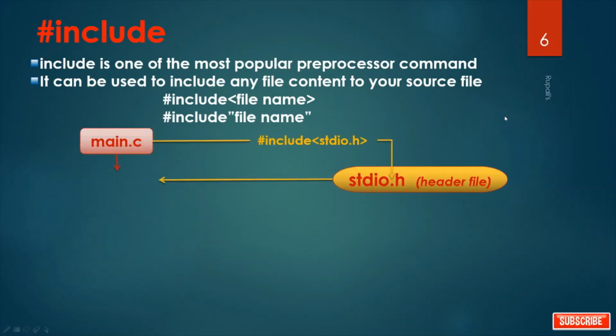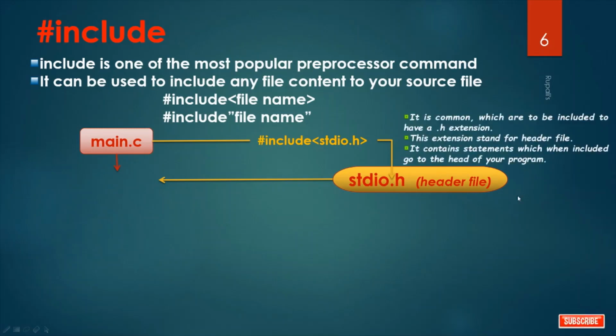See how it works. We already learned this, but see here again. This is our program, the extension is .c, and it is written by the user. So it is main.c. Now when I write hash include stdio.h at the beginning of the program, this stdio.h is the header file. It is common for it to have a .h extension, which stands for header file.